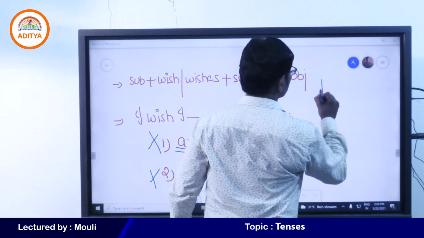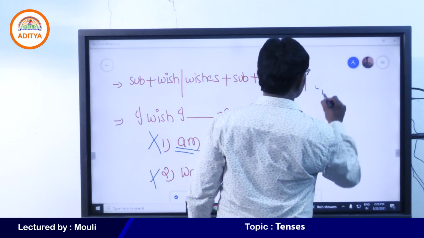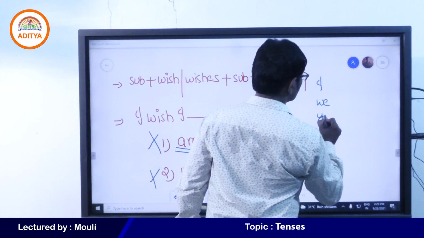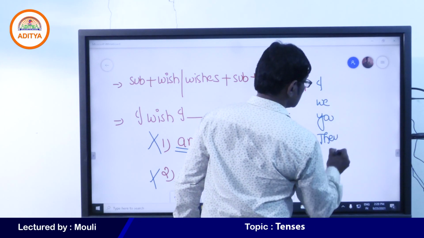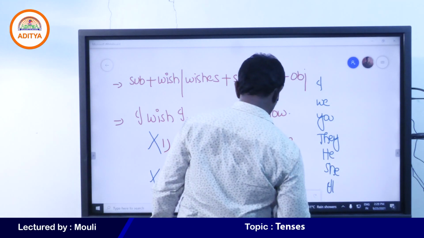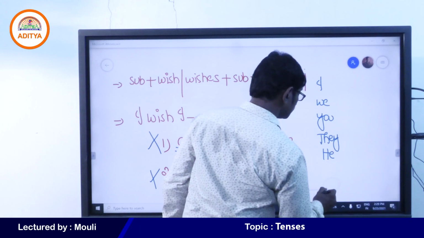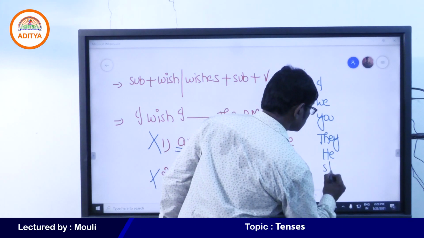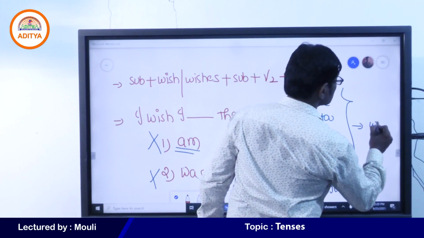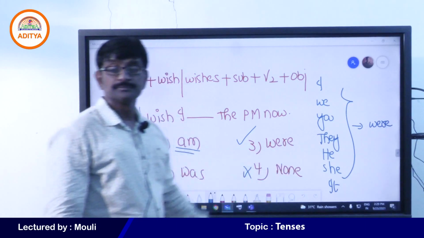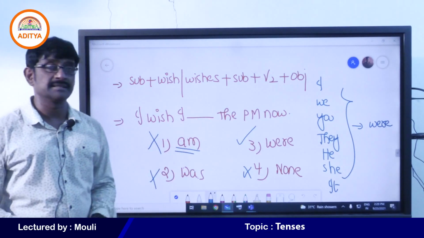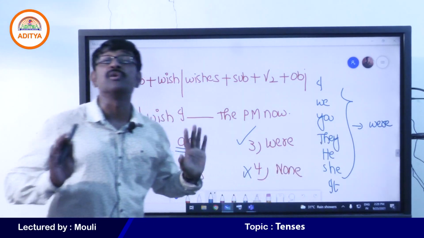Whatever the subject, I, we, you, they, he, she, it, the verb is 'were'. That's it. Because this tells about the impossibility, so we have to go with 'were'.